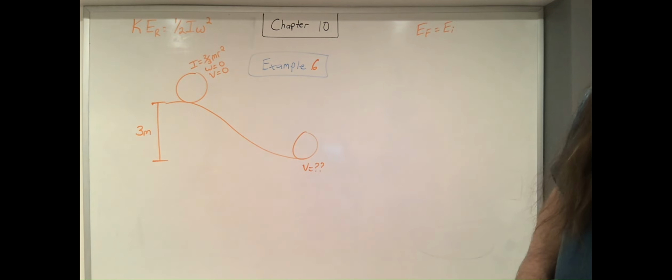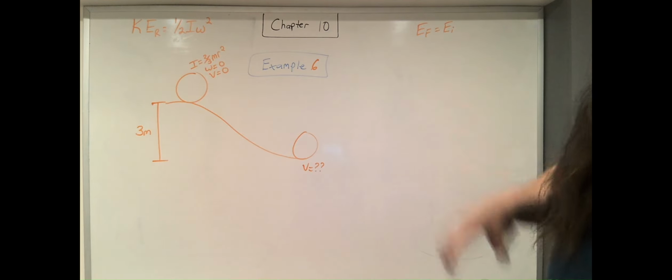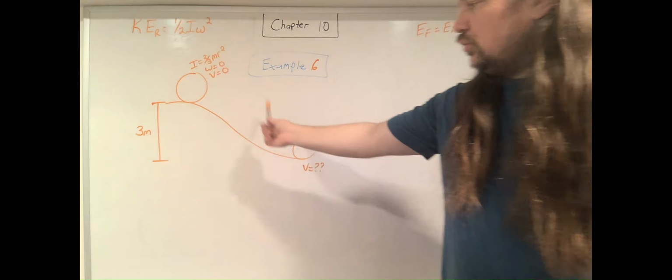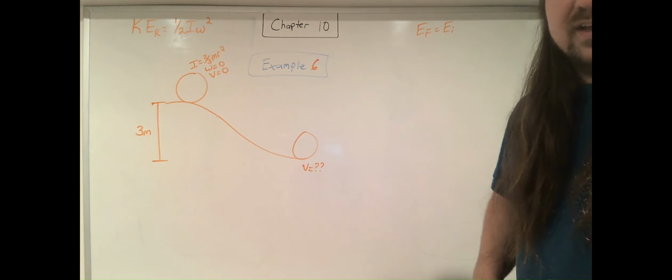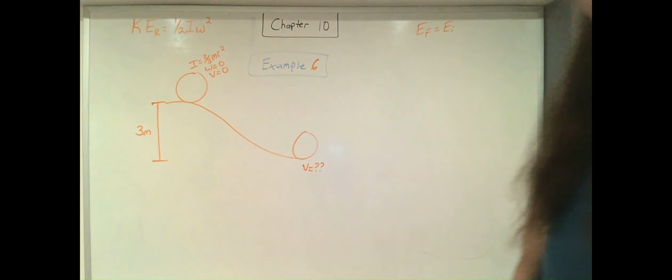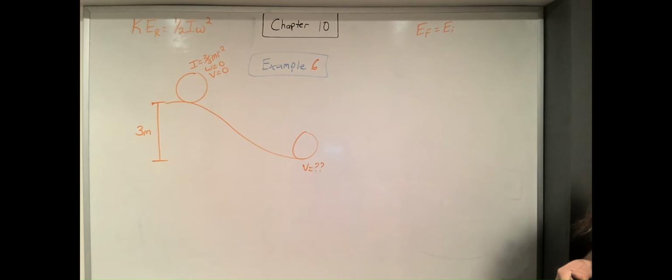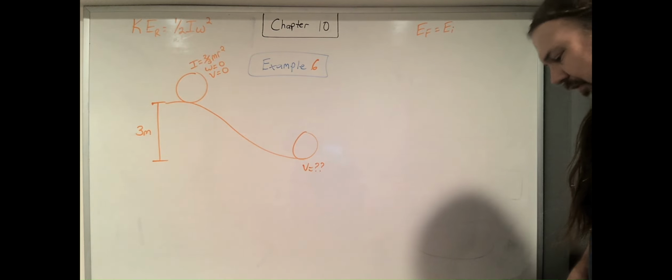Both omega and v are 0, but it's right on the edge. So if I just let the ball go, it will begin rolling down the hill, and it's going to gain speed as it goes. Our question is, how fast is it going at the bottom of the hill? It will go down a total of 3 meters, so we'll have gravitational potential energy pulling it downward.